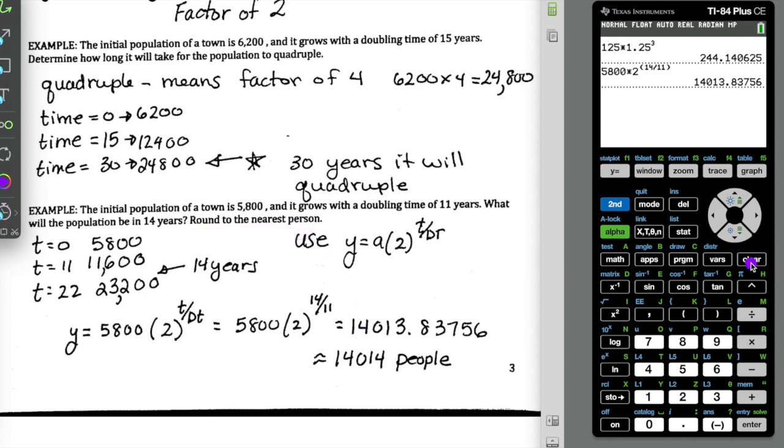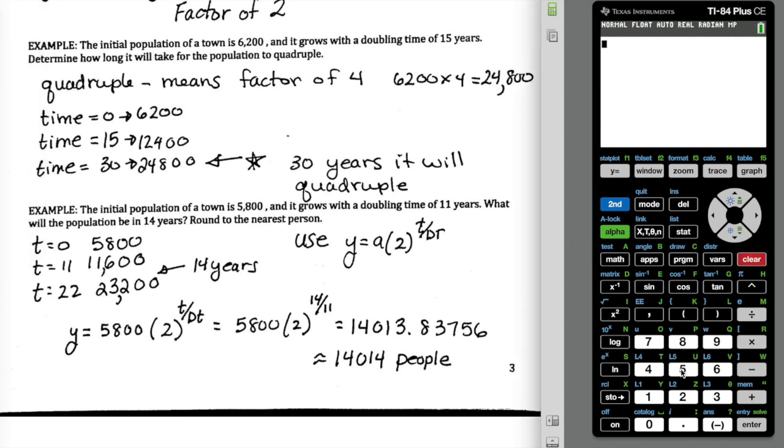So on the calculator, I'm going to put 5,800, that's my initial value, times 2 to the power of, now this 14 divided by 11 should all be in the exponent. So I'm going to put parentheses around it and put 14 divided by 11 and close parentheses. Then I'm going to arrow over to drop down. And this is where I'm getting this number right here.